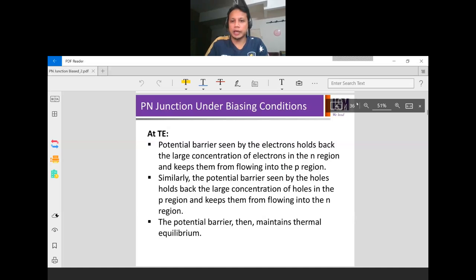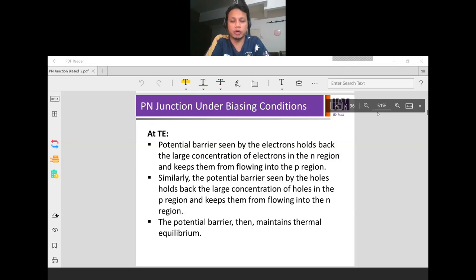Right, let's recap what we have learned at thermal equilibrium. The moment you have thermal equilibrium, we have seen a potential barrier is developed at the junction, right? This potential barrier holds the electrons in the n-type and holds the holes in p-type and keeps them away from further diffusion, right?